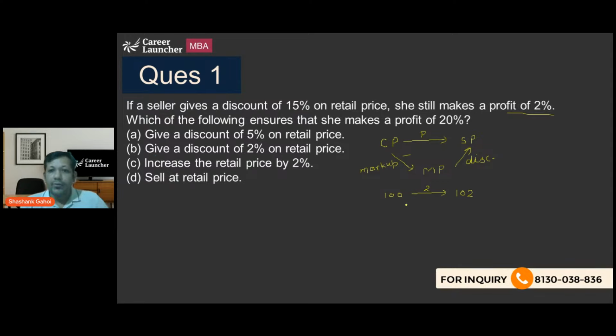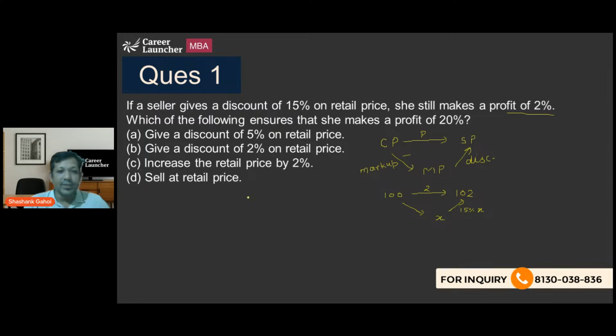What is the retail price then? I am assuming that retail price is X. On X, she is giving a discount of 15%, so discount is going to be 15% of X. Mark price minus discount is equal to selling price.